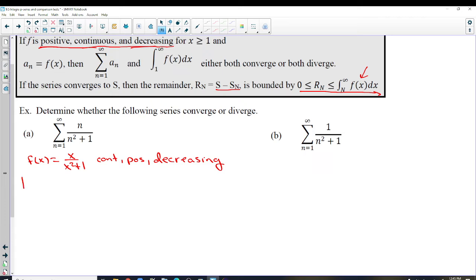We take the limit as a approaches infinity of the integral from 1 to a of x over x squared plus 1 dx. And we're going to let u equal x squared plus 1. So du is 2x dx. So 1/2 du is equal to x dx.